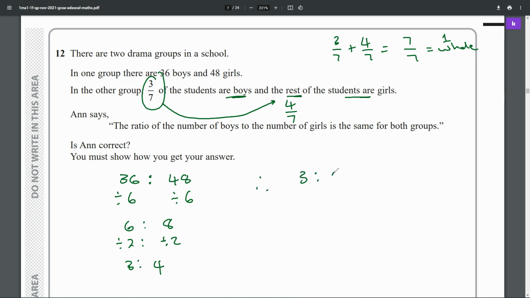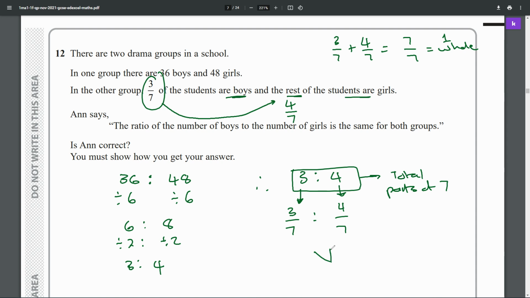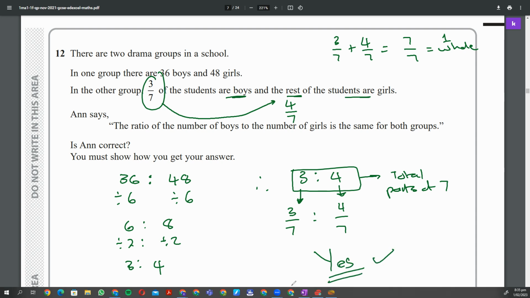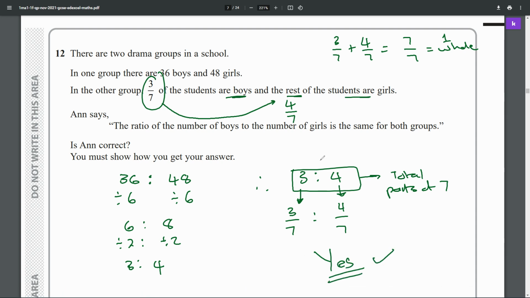Now I have 3/4, which is a total part of 7, which means that this side represents 3/7 of the whole. The next side represents 4/7 of the whole. So is n correct? The answer is yes, n is correct, because the left-hand side is 3 out of 7 and the right-hand side is 4 out of 7.